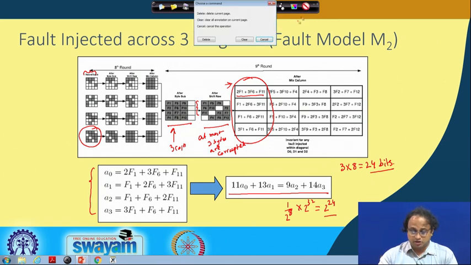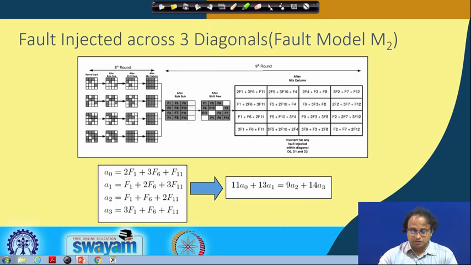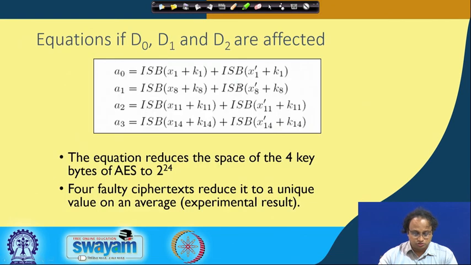So what is the implication of this on the key size? Again, you can form similar differential equations as previously by writing each of these column values as A0, A1, A2 and A3, and solving them as we have seen. We know that A0, A1, A2 and A3 are dependent. So I guess these key values K1, K8, K11 and K14 here, and then see whether they satisfy this equation.